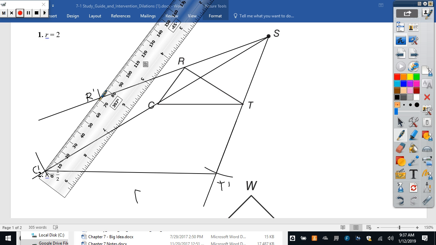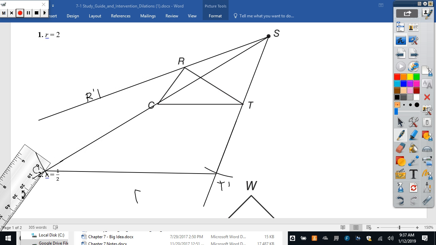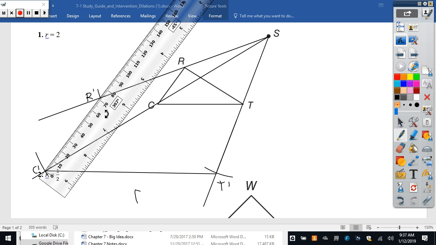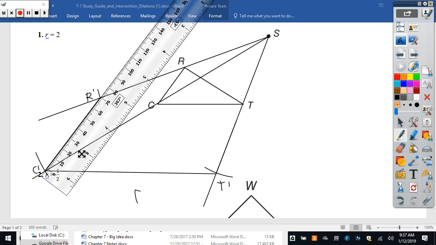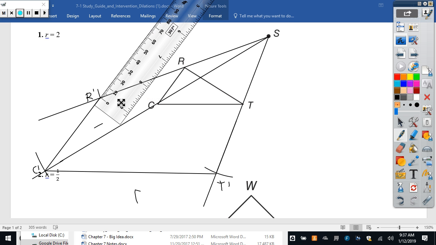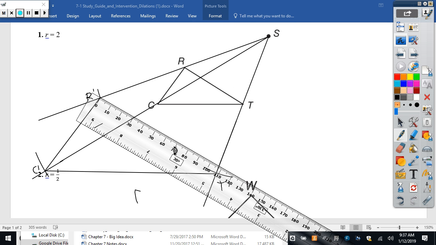Well, one and the most obvious should probably be that C prime, T prime is twice the size. But we also can see that these lines should be parallel. Okay, I'm just moving this down. Okay, moving this over. So these lines should look parallel if I have constructed this accurately.